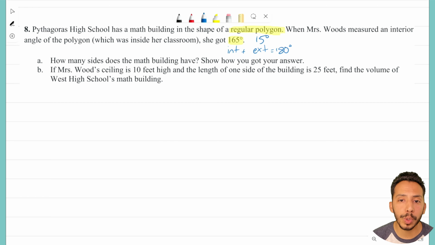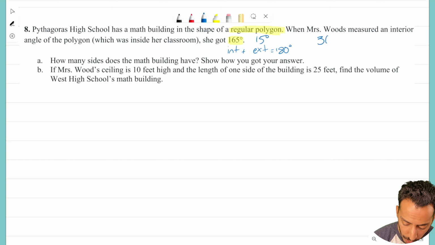Now the reason why I'm switching over to exterior angles is because I know for any polygon, no matter how many sides, regardless if it's even regular, the exterior angles are always going to add up to 360 degrees.